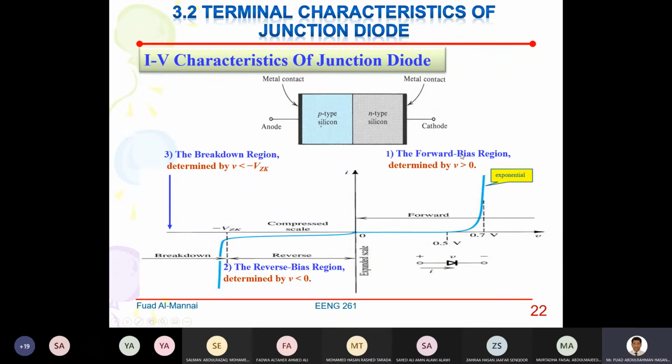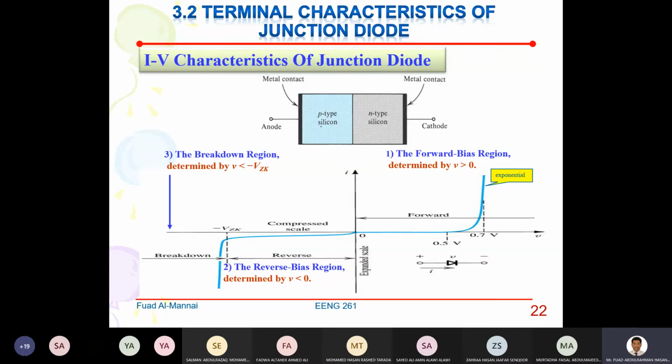Coming back to our diode, which is the junction diode, we're going to look at the characteristic of it in a little bit more detail.